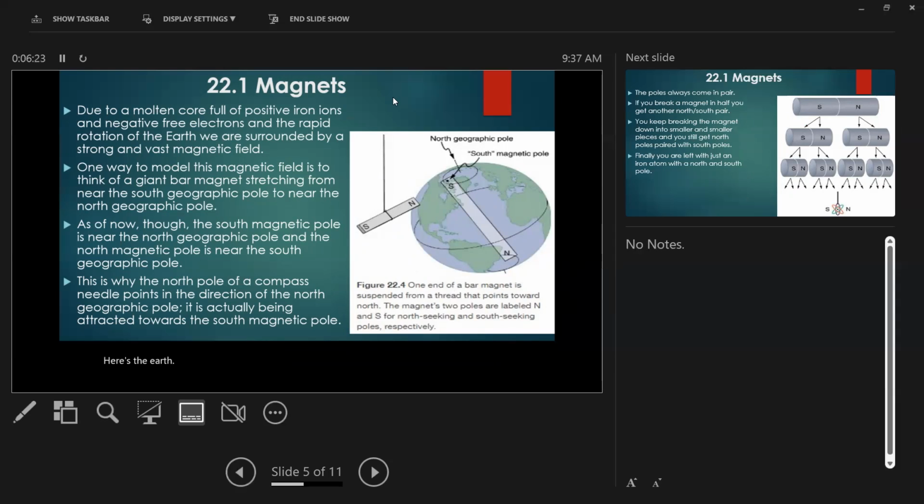And we can model the magnetic field of the Earth as though it were a bar magnet, like this guy right here that I already lost again. Now normally the red side is the north side of this guy. Sometimes they get flipped around, so I don't know. But right now, this would be the north geographical pole up here.